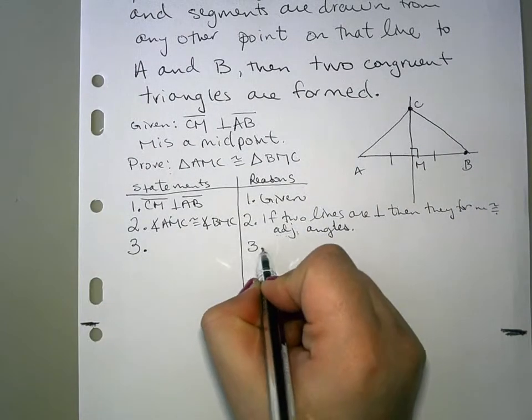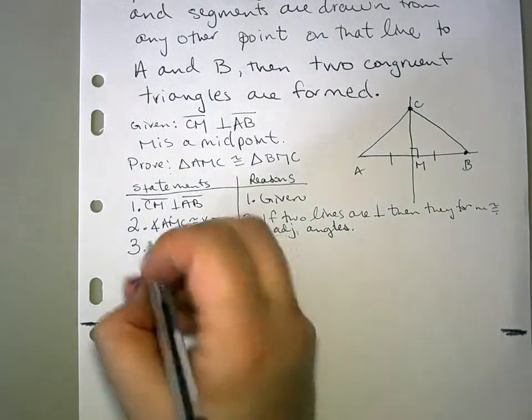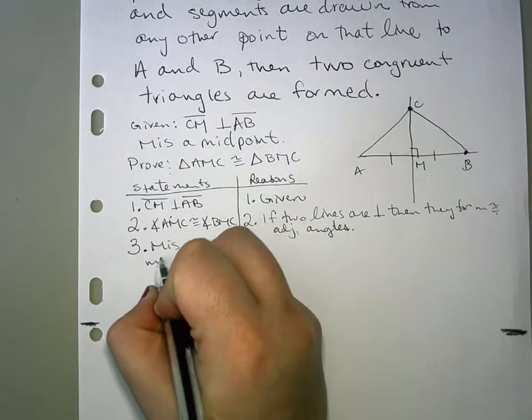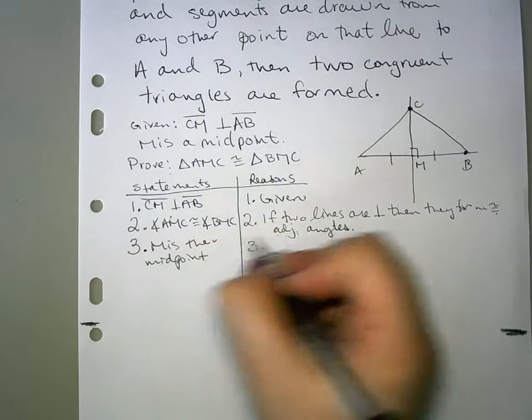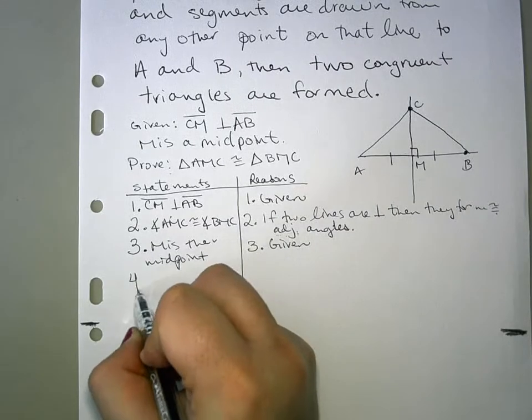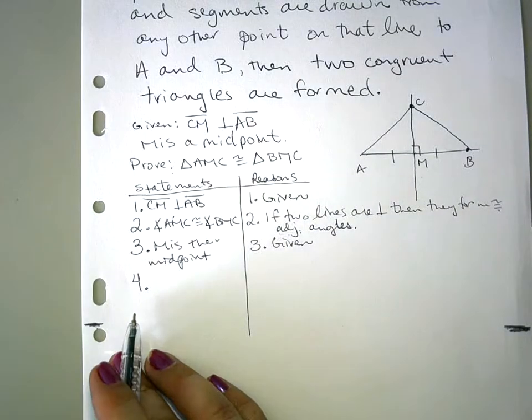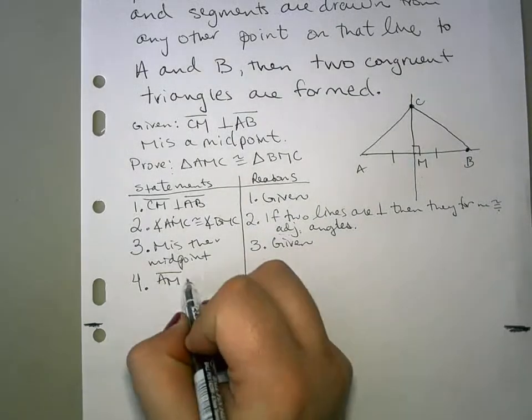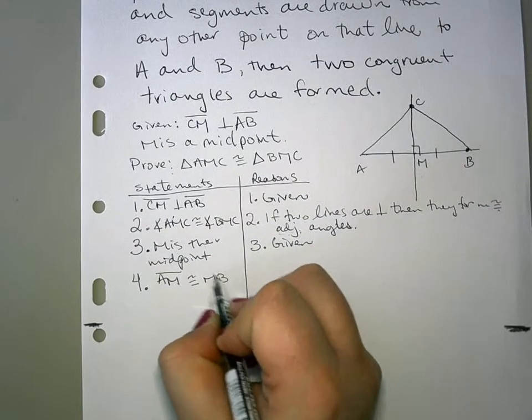Next step, M is the midpoint. That is also given. And a conclusion that we can base off of M being the midpoint is that AM is congruent to MB.